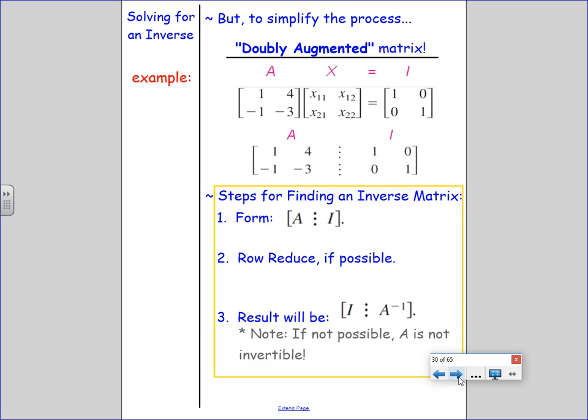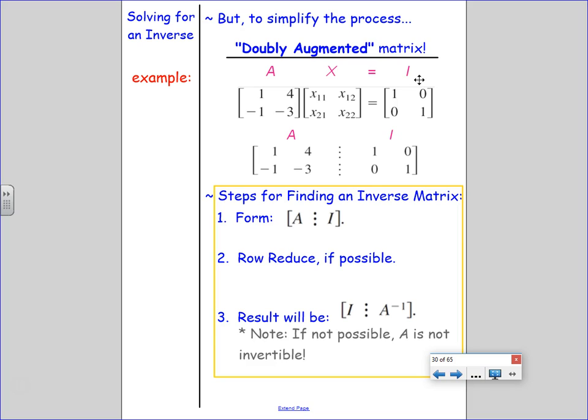So let's go talk about another way to solve. Messier, but applicable not just for 2 by 2s, but for bigger ones also. It kind of uses the same idea, in that we have A times somebody is the identity. We're using that same definition, kind of an inverse.